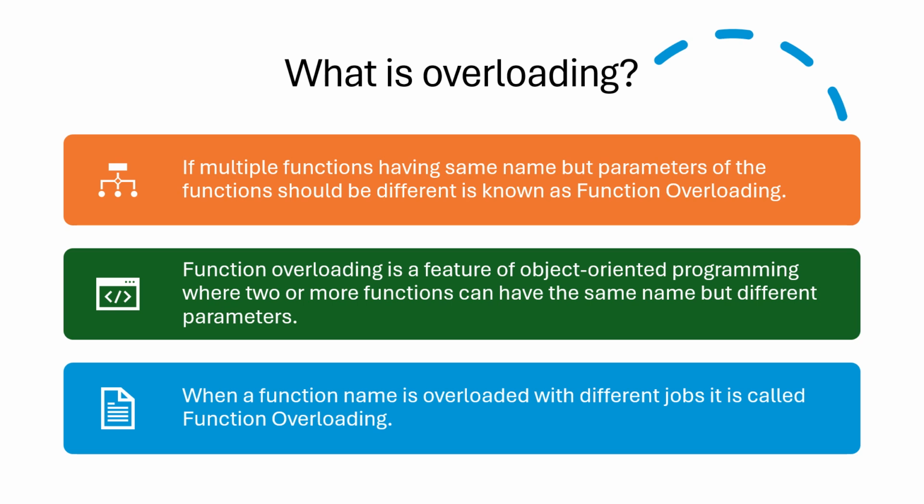The function name will be the same, but inside the parameter arguments we can give different forms. If multiple functions have the same name but the parameters of the functions are different, it is known as function overloading.